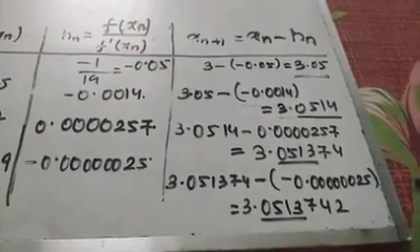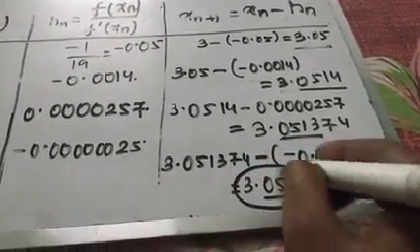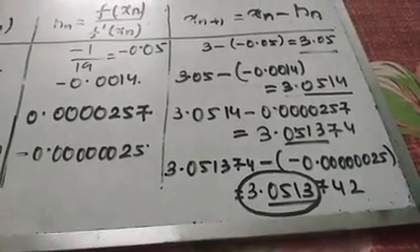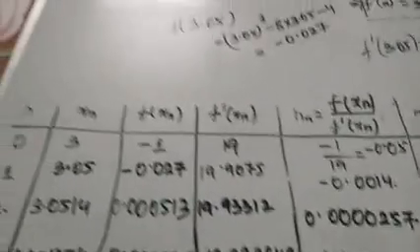So here we will stop our iteration, and the final result up to 4 decimal places is 3.0513.